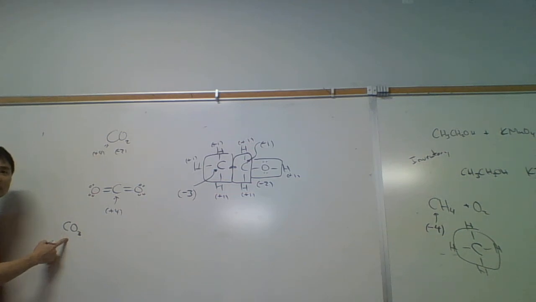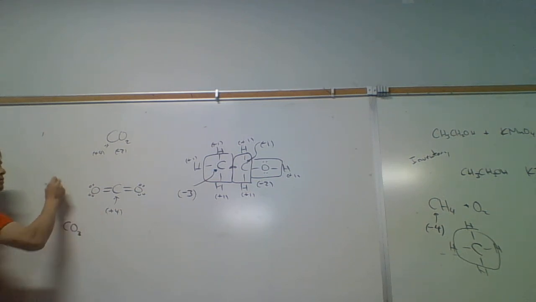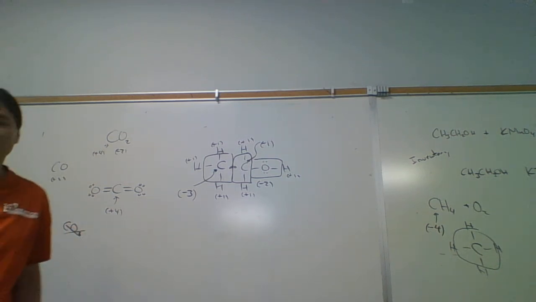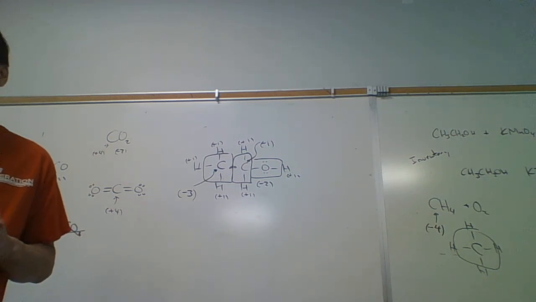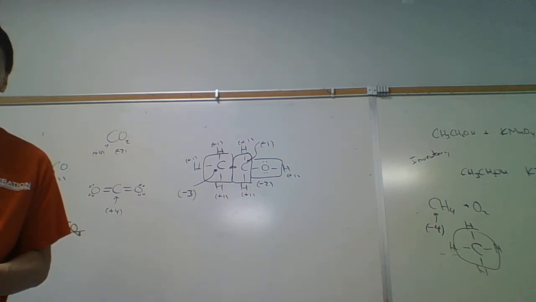Carbon's oxidation state can't go higher than +4. It can go lower than +4, like carbon monoxide is lower, that's +2. But it's not going to go higher than that, right? And so when we burn ethanol, we burn it completely and we form CO2. That's why it stops at CO2, it doesn't go to CO3.